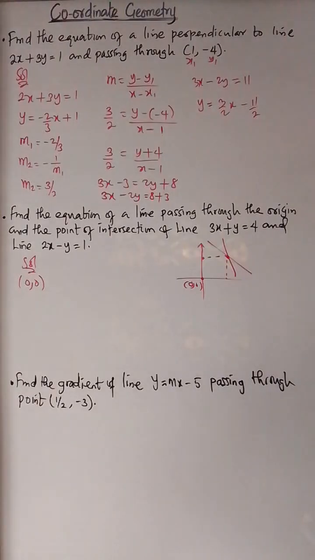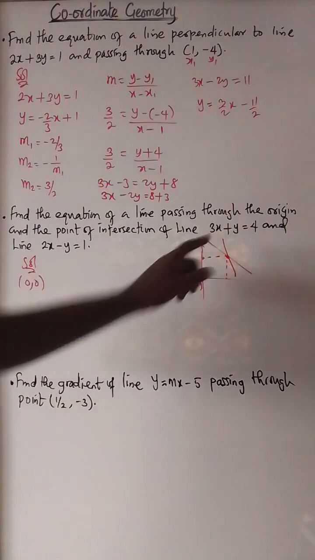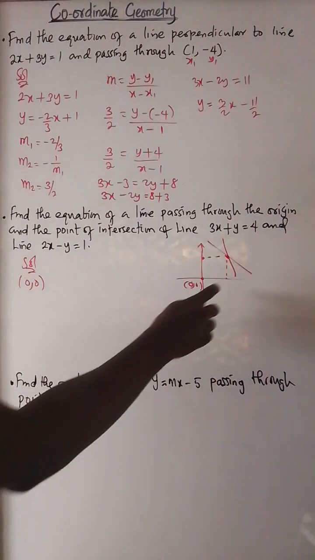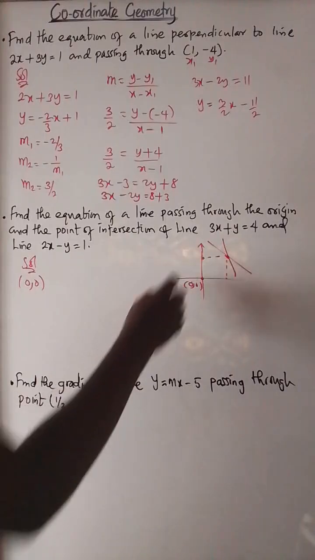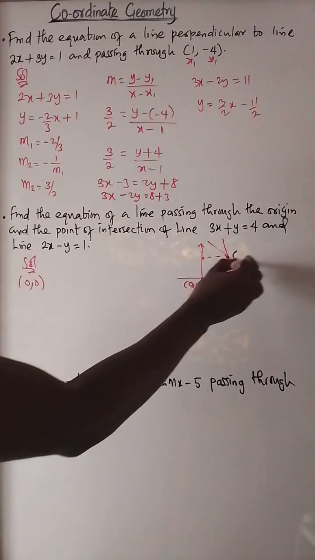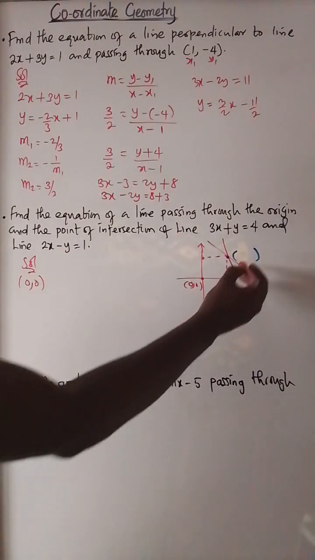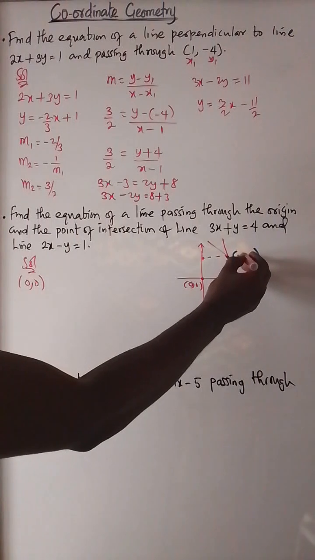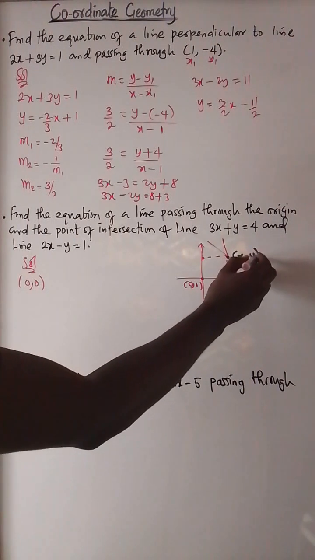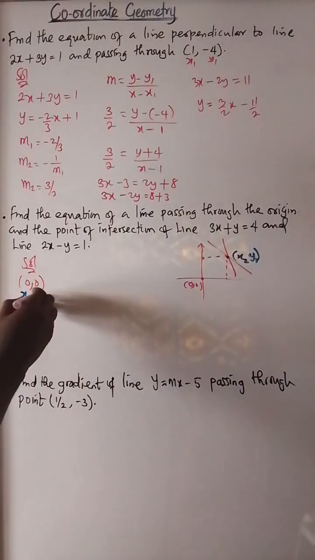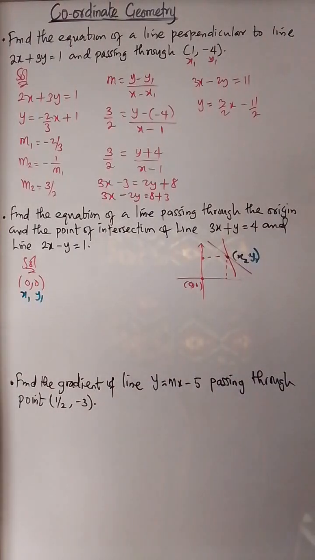So when two lines cross each other, we solve them simultaneously to get what? The value of x and y. So we can get the coordinate of this point. When we solve this and this simultaneously, the answer we are going to get here will be what? The coordinate. We can call this one x2, y2, because it's as though we are given x1, y1.